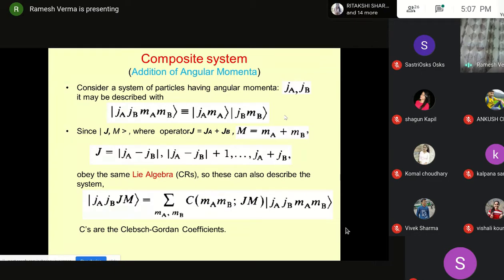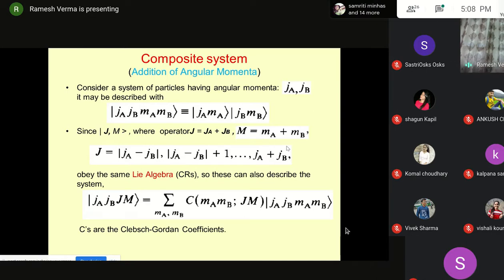We also know that is not the whole story, because when we have two particles' angular momenta, they add together to give rise to J. The J values go from |J_A minus J_B| to J_A plus J_B with appropriate quantization. And the third component of J, that is M, is simply the sum of the third components of J_A and J_B. In this way, we find that the state |J, M> is also a good candidate to describe the particles.